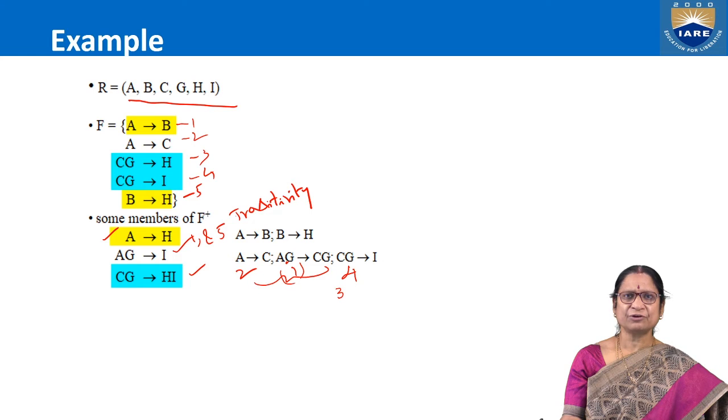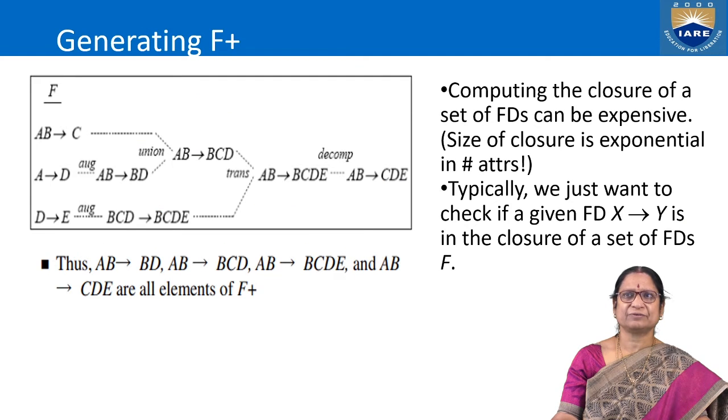These inference rules are applicable as per the requirement, as per the need. There is no thumb rule that this must be applied first, this must be applied second, etc. To generate any newly logically inferred FD, you can apply any number of these inference rules so that you are able to generate new FDs.